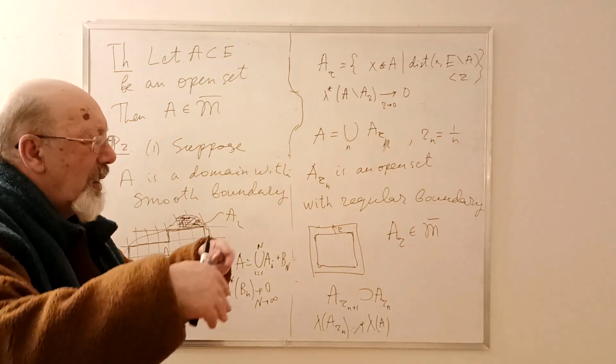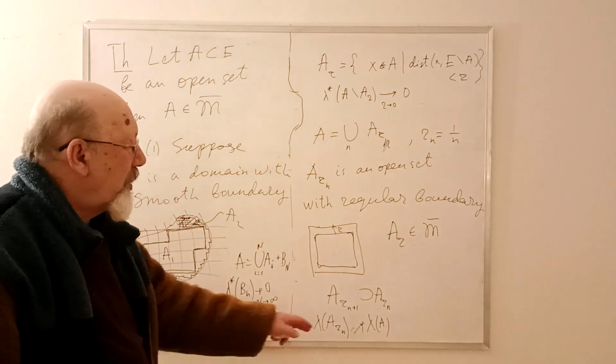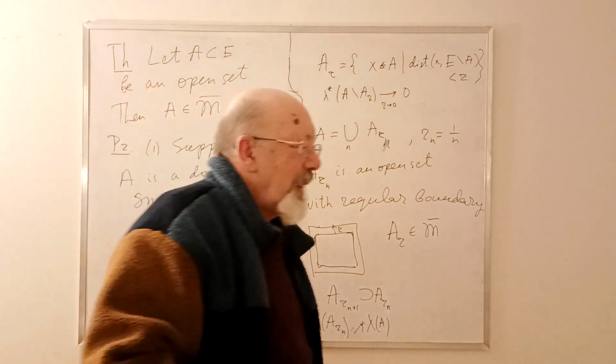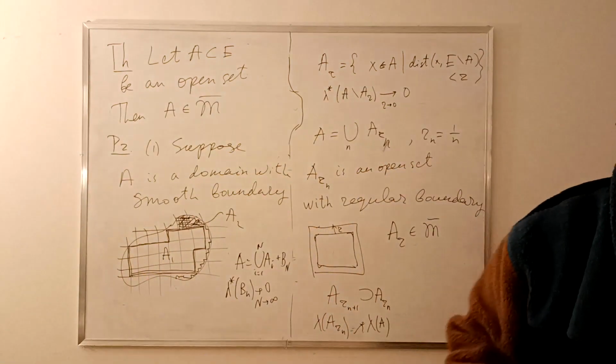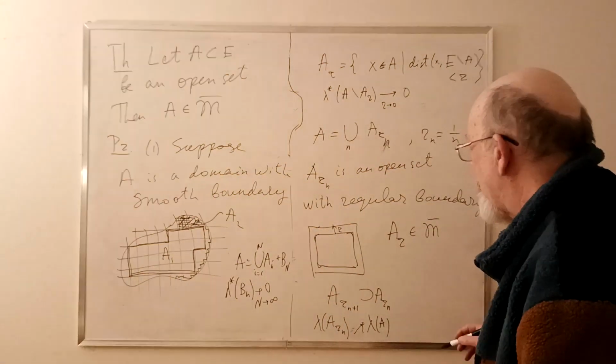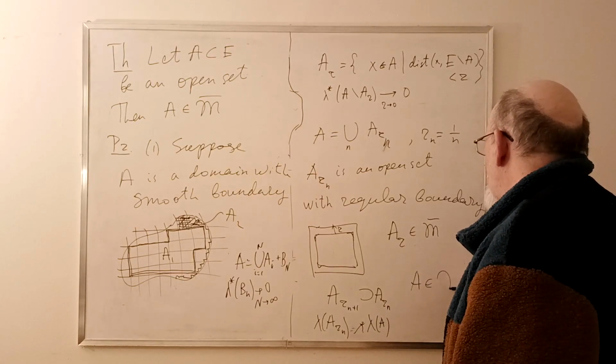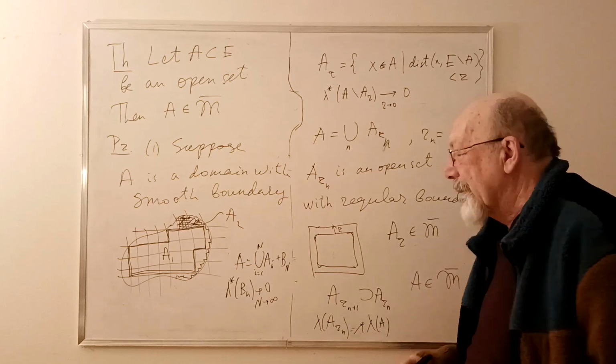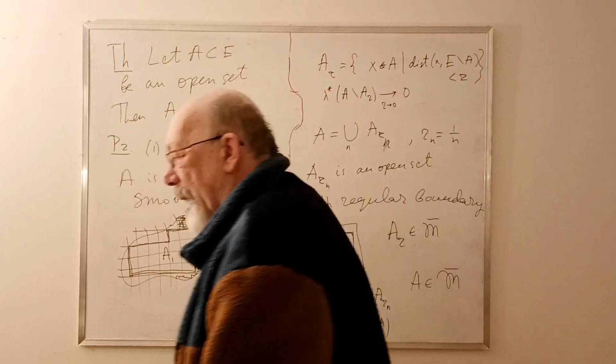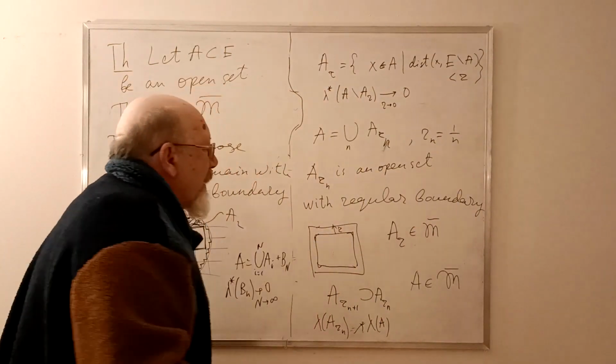The union, that is A, is decomposed into a countable number of squares. So this means that A is in M bar.